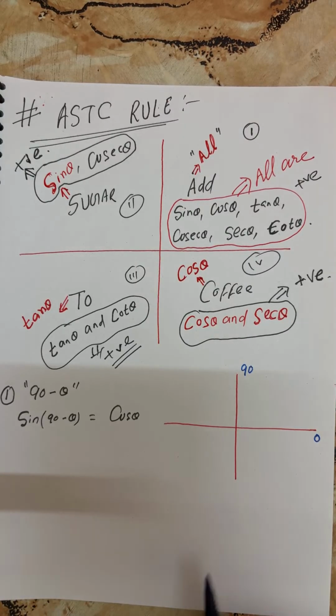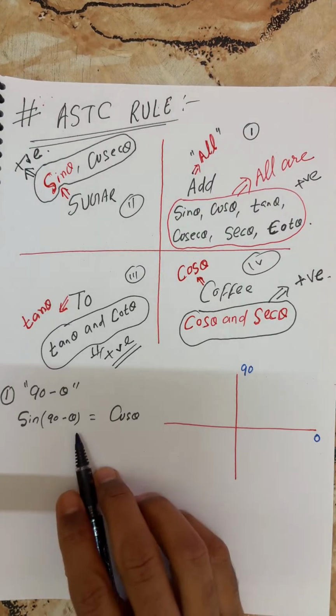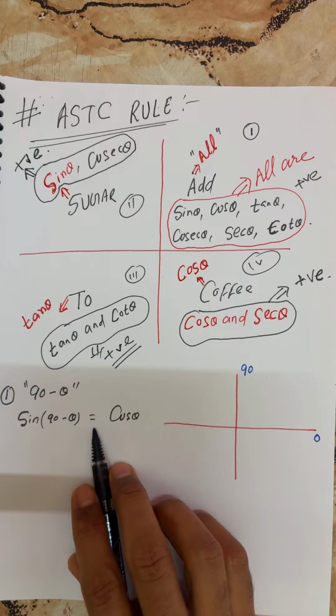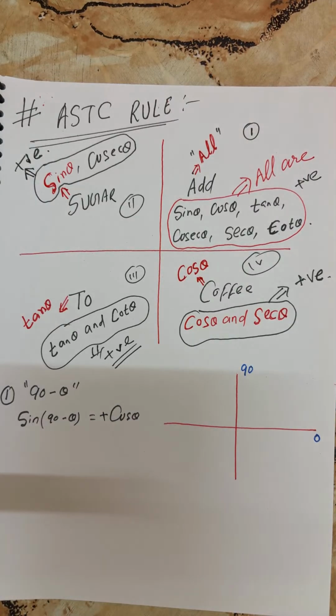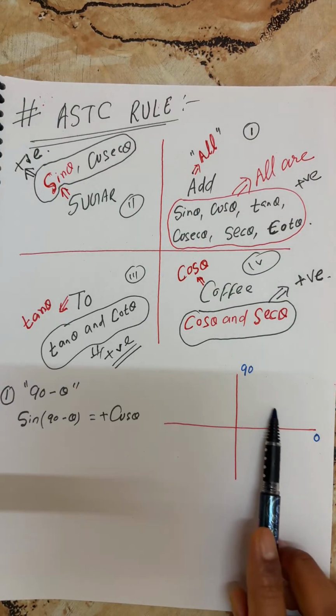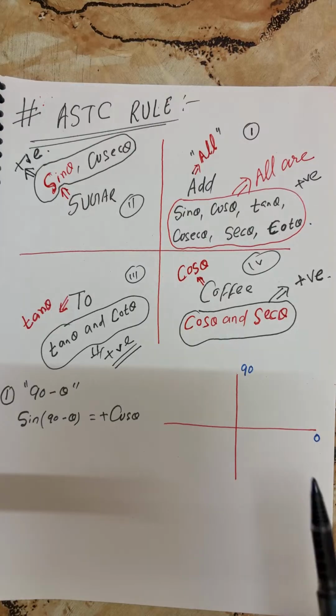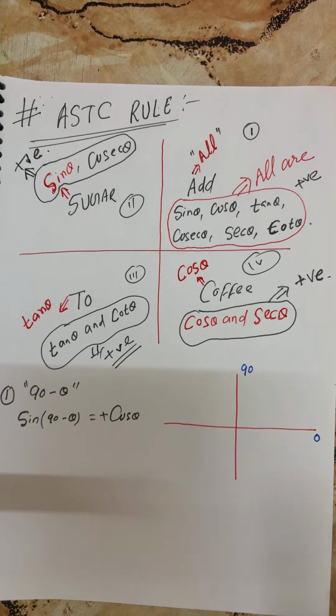So sine of 90 minus theta will go to cos theta. It's plus cos theta. Why? Because 90 minus theta is in the first quadrant, and in the first quadrant all are positive.